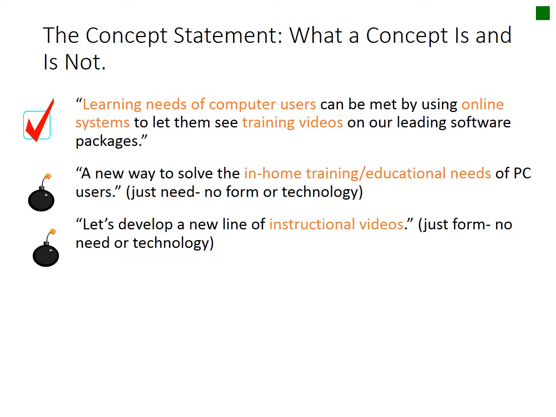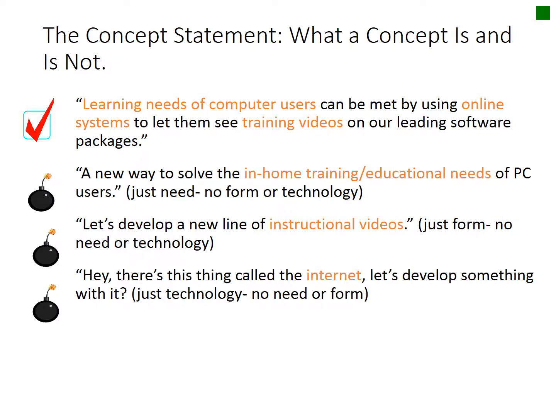Another example here is, let's develop a new line of instructional videos. Okay, that's great. That's something that we could create. That's a product we have, but it doesn't describe how we're going to create it. It doesn't describe the technology we're going to use, and it really doesn't even describe the need that's being met in the marketplace. So again, that's an incomplete product concept statement. Third, final example here: hey, there's this new thing called the internet.